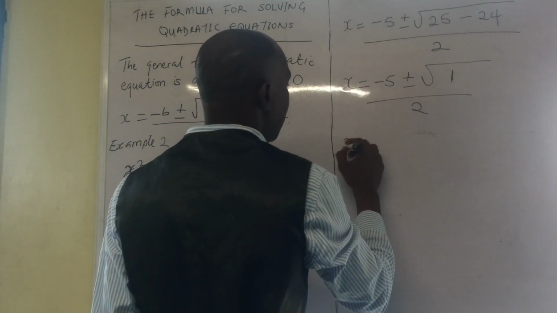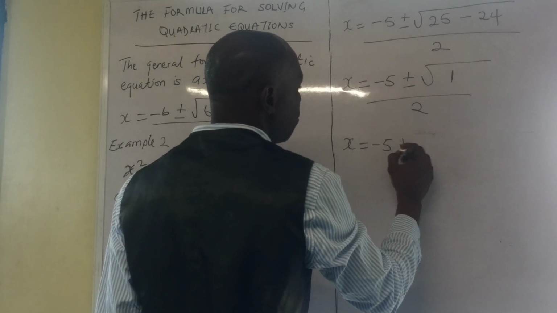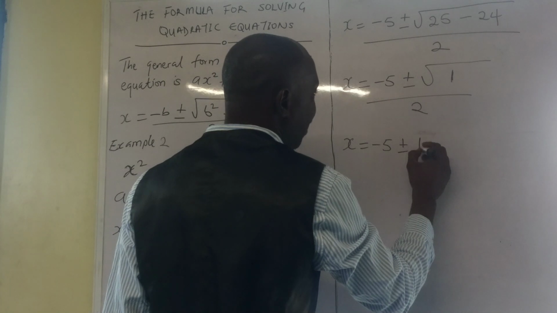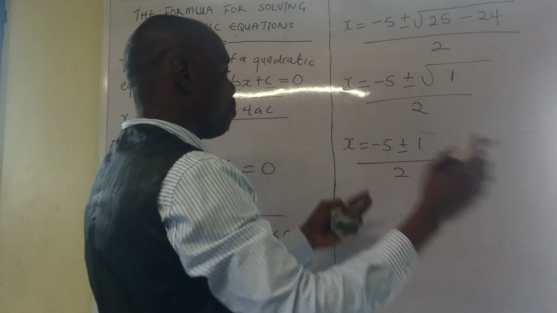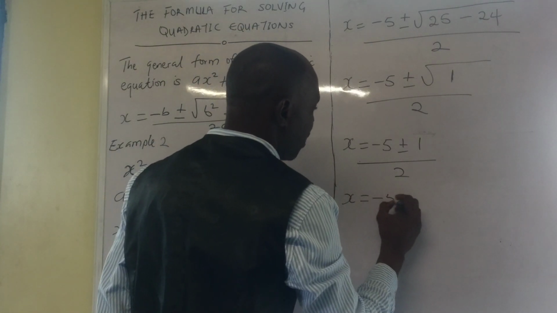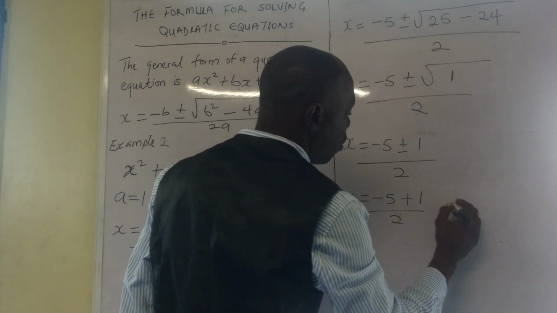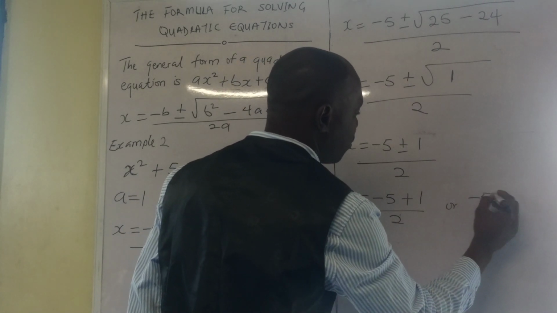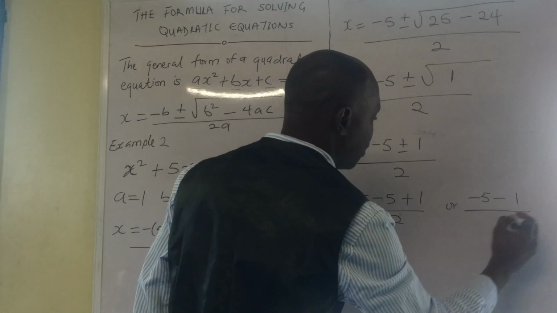So it will now become x equals minus 5 plus or minus 1 all over 2. So we now expand it to become x equals minus 5 plus 1 all over 2, or minus 5 minus 1 all over 2.